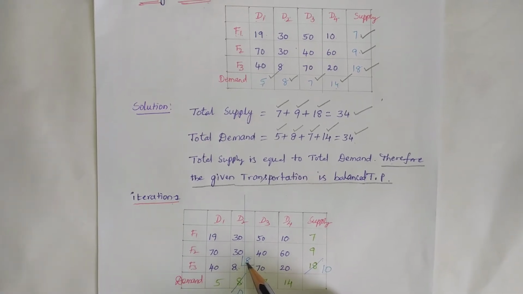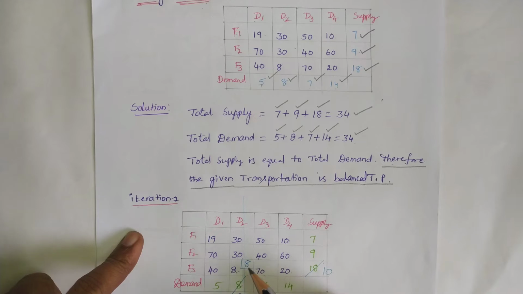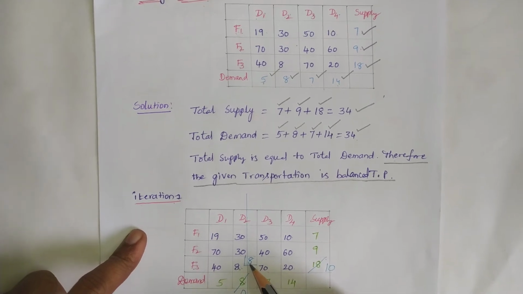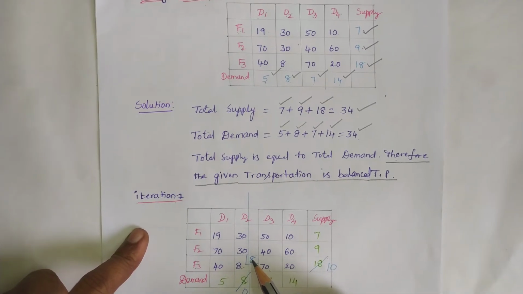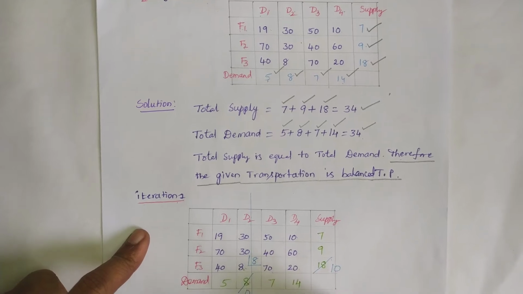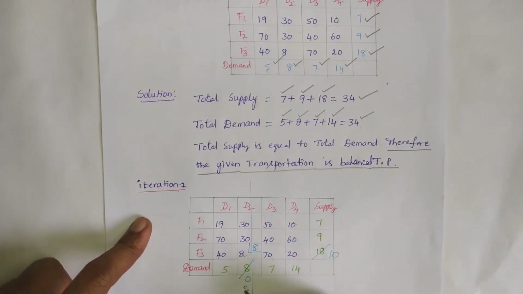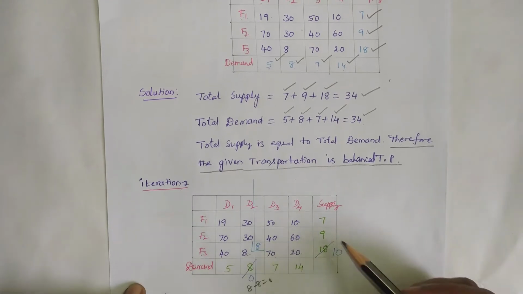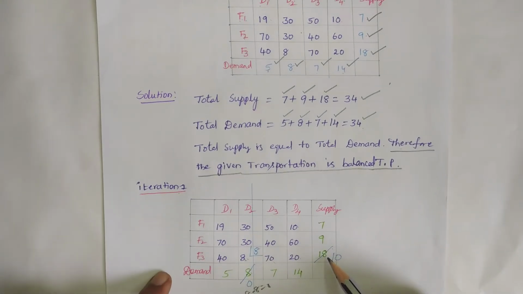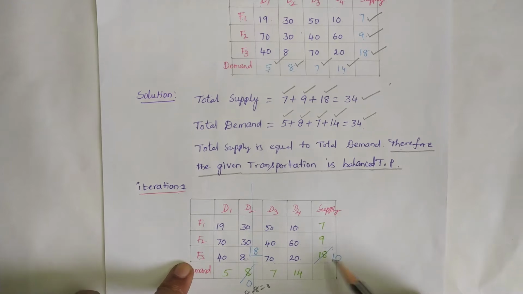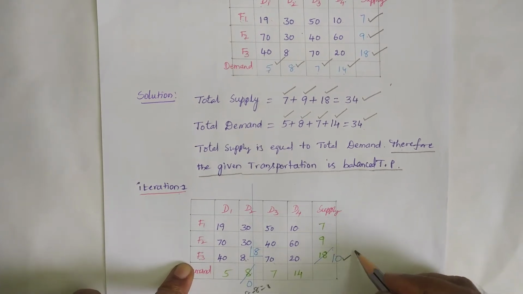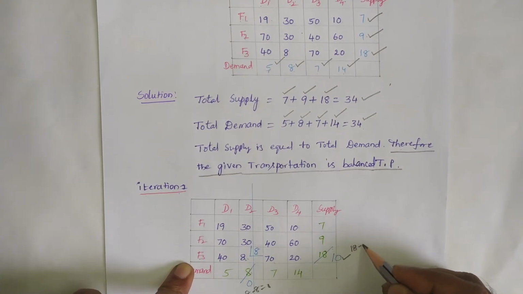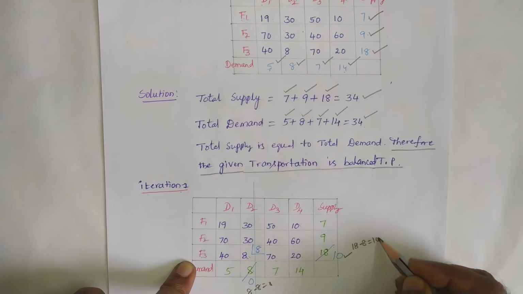After allocation of 8 units to the cell, demand is 0 because 8 minus 8 is equal to 0, and supply is 10 units because 18 minus 8 is equal to 10.